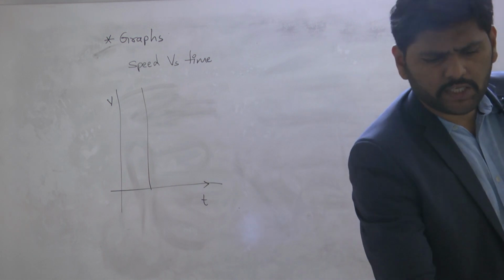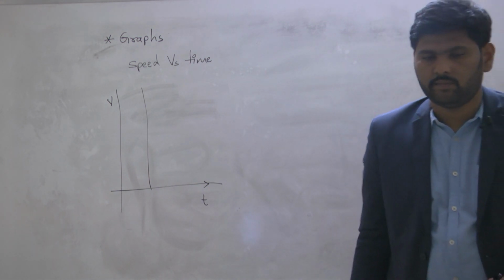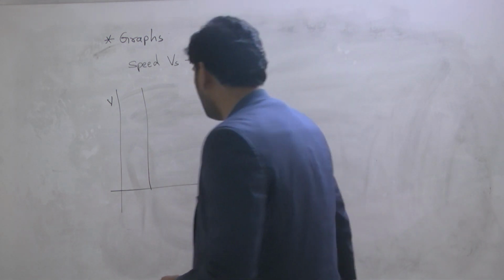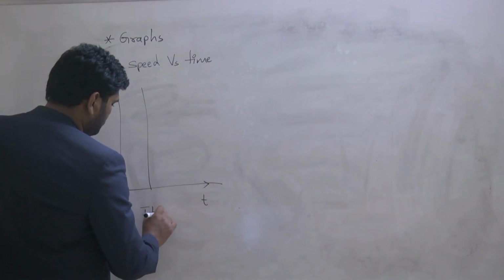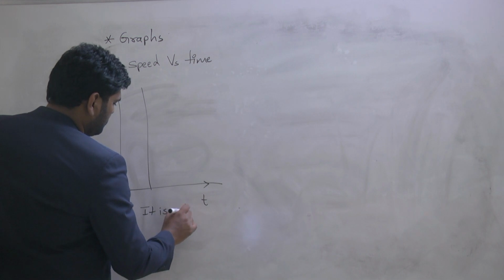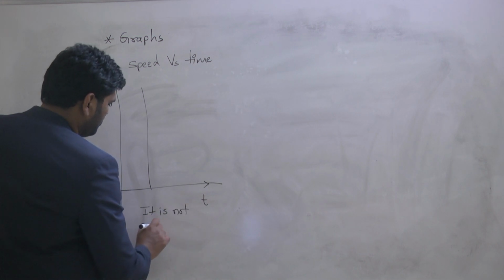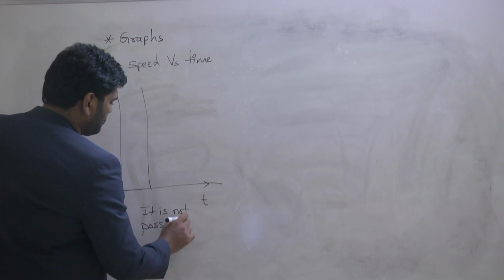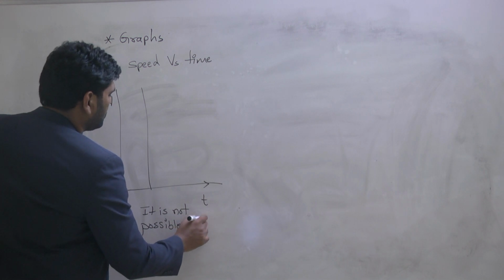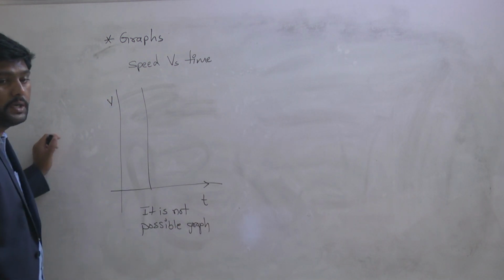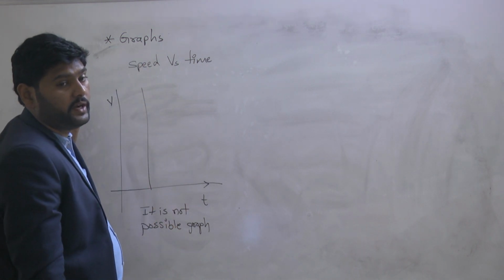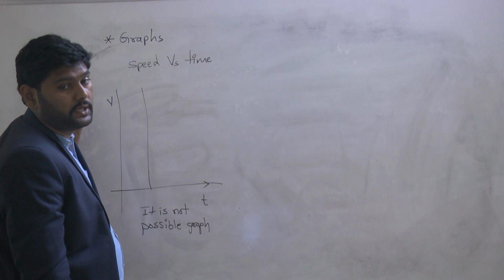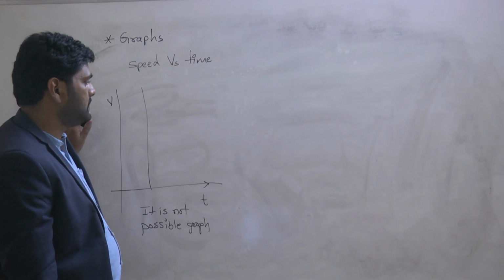Infinite value. Is it possible practically? No, sir. Since this graph is also not possible. Suddenly any object will not move up to infinite speed. It will not rise suddenly, since it is not possible.